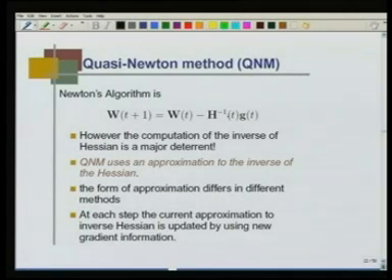Even if for some problem this is a very good choice, and this algorithm is very fast in convergence, this matrix cannot be inverted very easily. So, the Quasi-Newton method uses an approximation to the inverse of the Hessian. The form of approximation differs in different methods. At each step, the current approximation to the inverse Hessian is updated by using new gradient information.